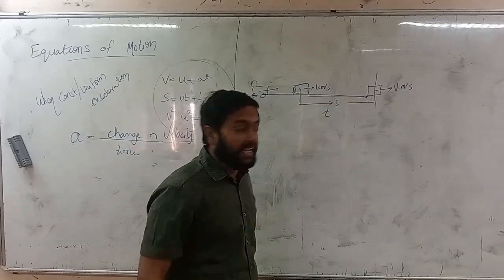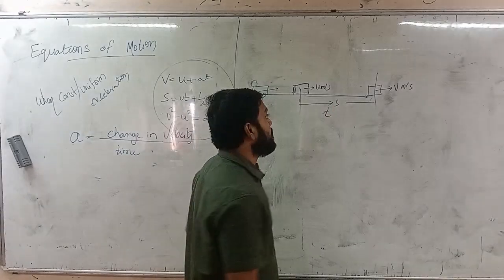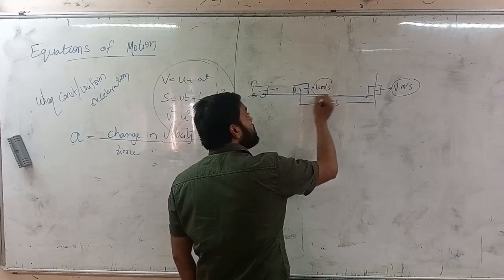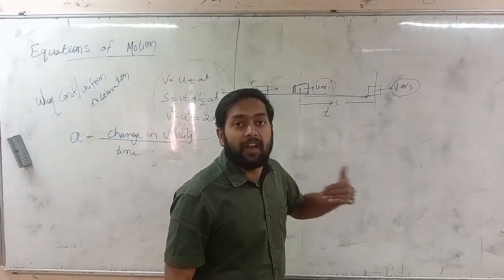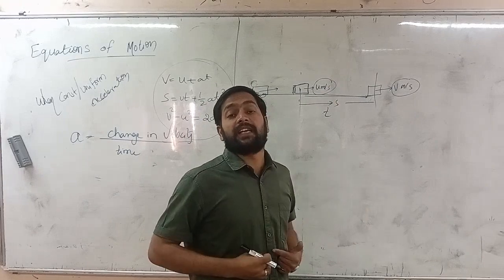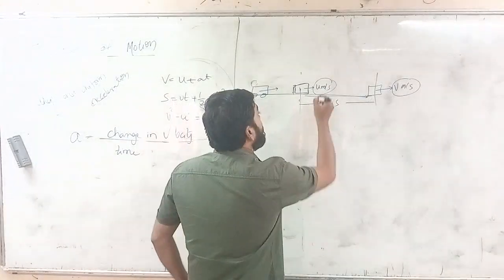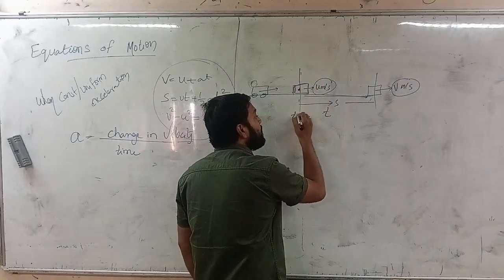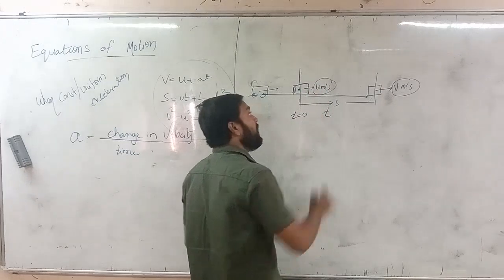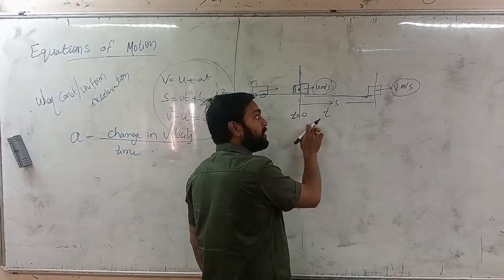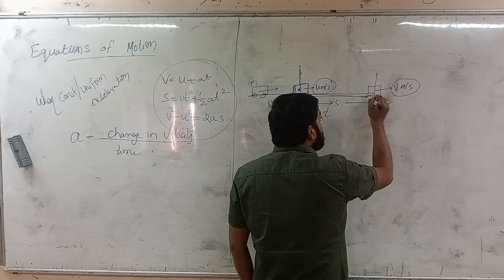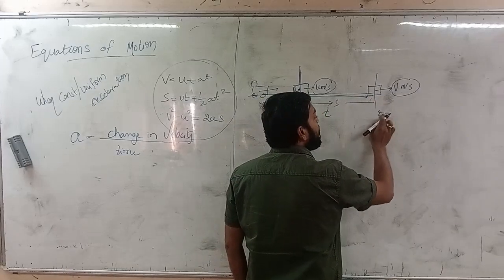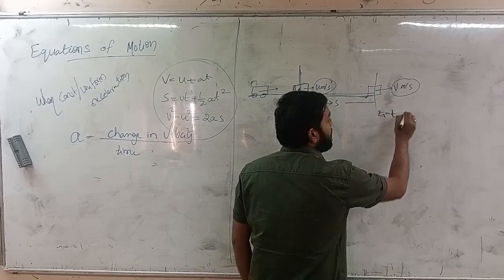We call that displacement. This is my final velocity and this is my initial velocity. At this point I am taking time t = 0, and to reach this point the time taken is t.